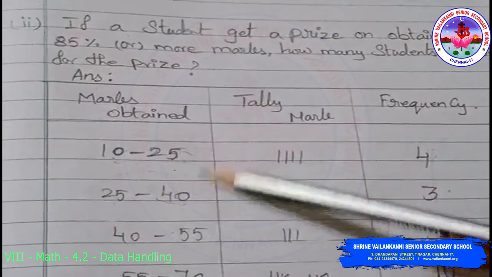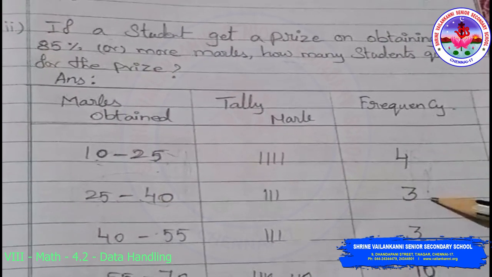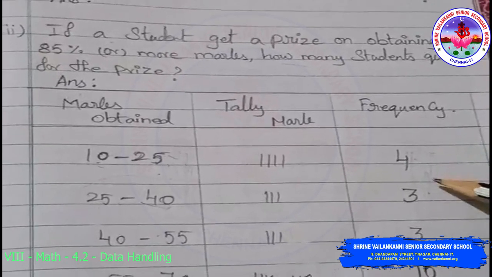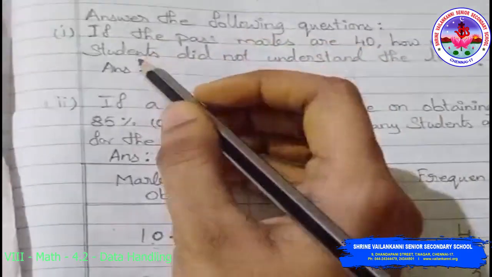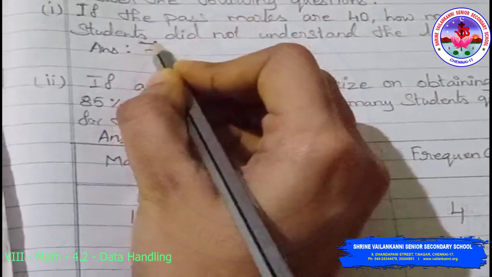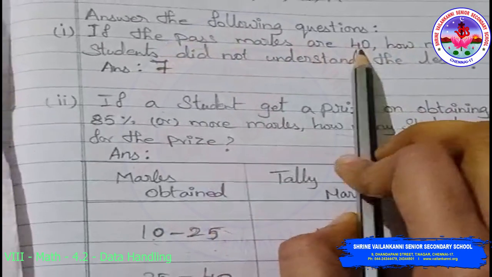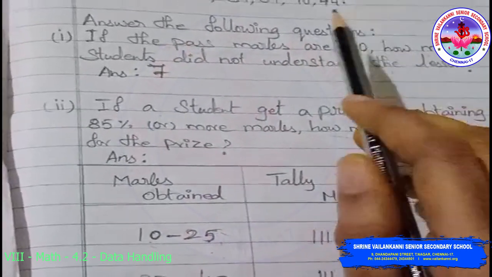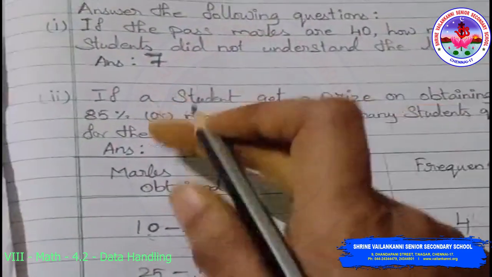Their frequencies are 4 and 3. Add these two values: the answer is 7. Because the pass mark is 40, below 40 is fail. So the number of students is 7.